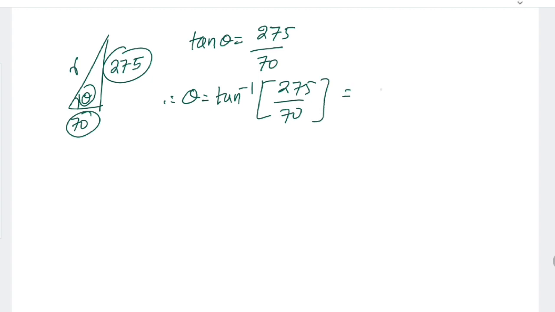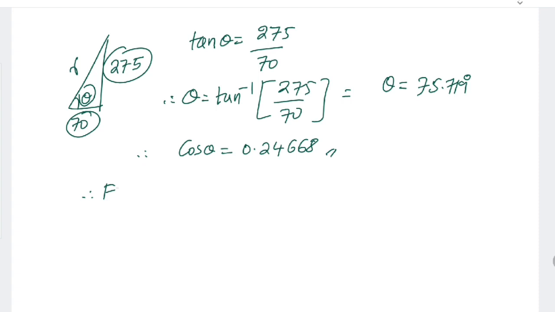When you calculate this, the theta value is 75.719 degrees. So cos theta will be cos of 75.719, which is 0.24668. So this is the value of cos theta.